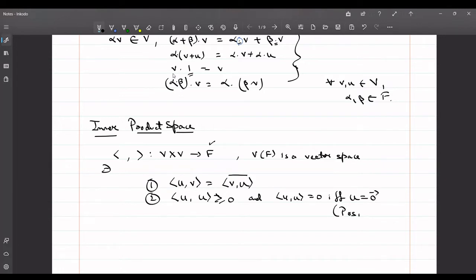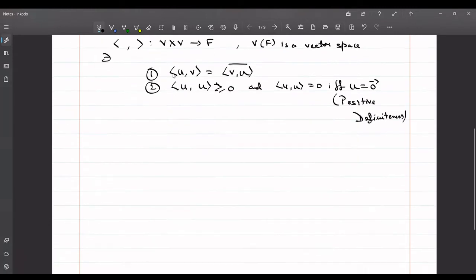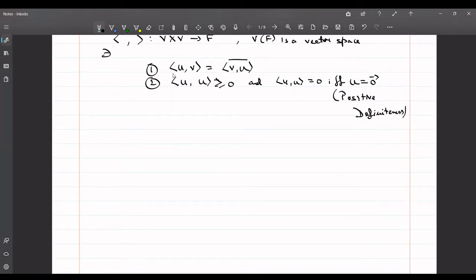This is called the concept of positive definiteness. Clear? Point number 3: the mapping of (U plus V, W) equals the mapping of (U, W) plus the mapping of (V, W). All these elements are from the vector space V.